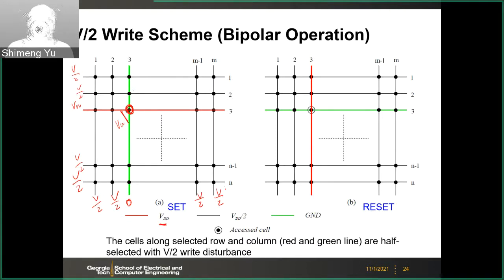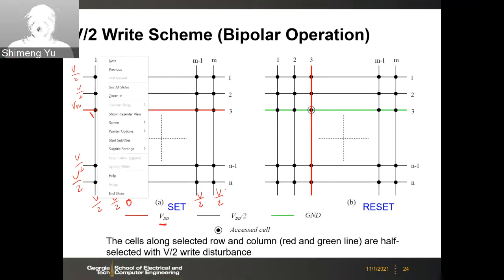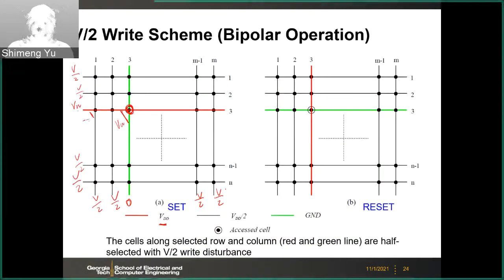If you check the voltage across other cells, for example, this cell along the same line, you will see that this end is V and the other end is half V. So the voltage across it will be half V. Similarly, this one is half V. The principle, or the assumption, is that half V will not write the data. Only the full voltage V will write the data.